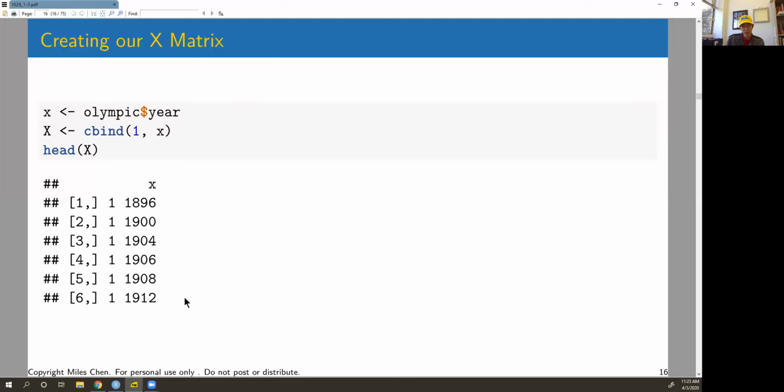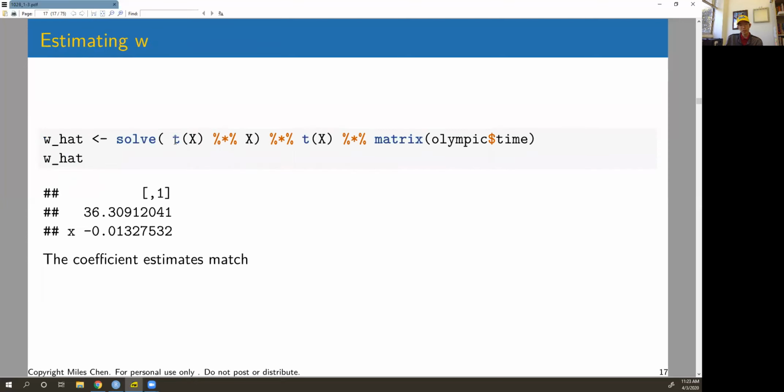I'm going to do X transpose X inverse by throwing it in solve, multiplied by X transpose times, this time, my actual observed values T, which are in this column. I'm going to take Olympic$time and throw it into a matrix. What we're trying to do is minimize the difference between these observed values and what we are predicting.